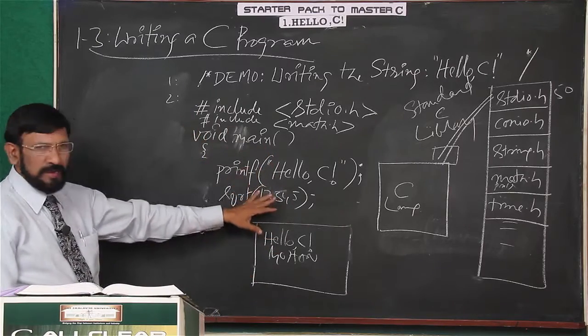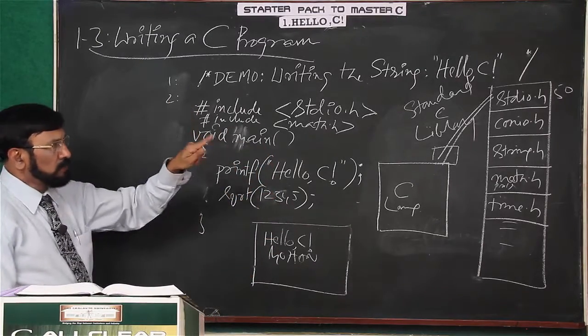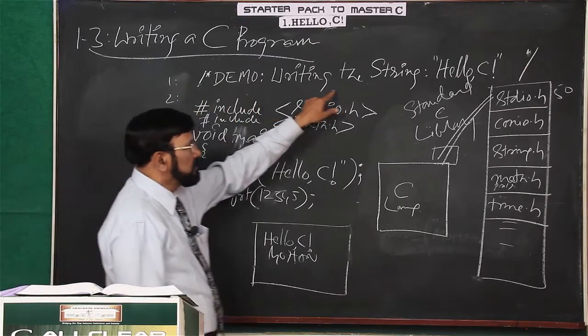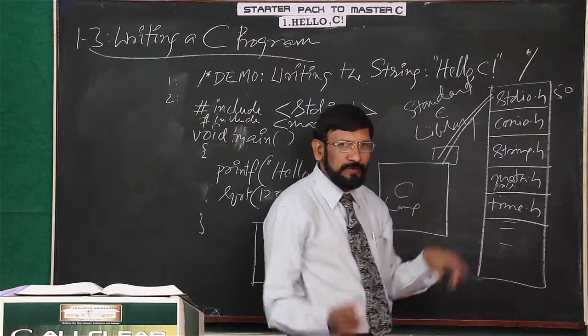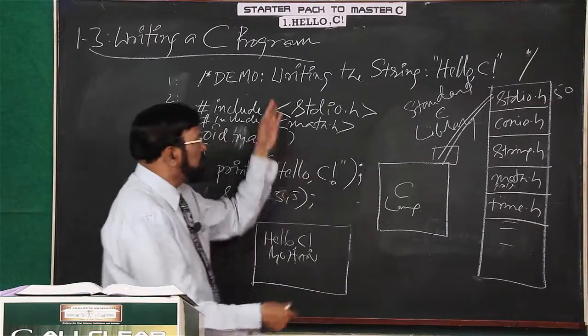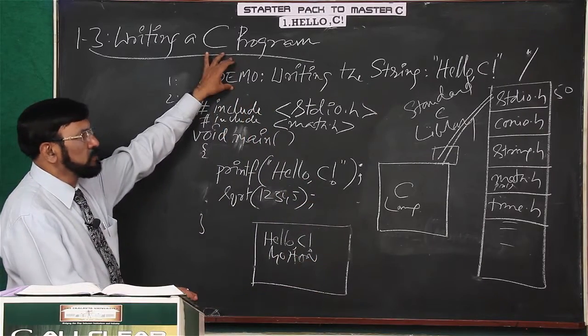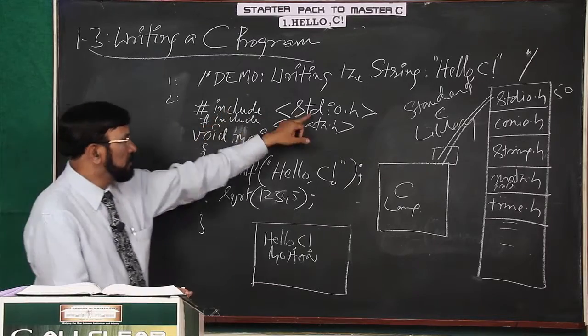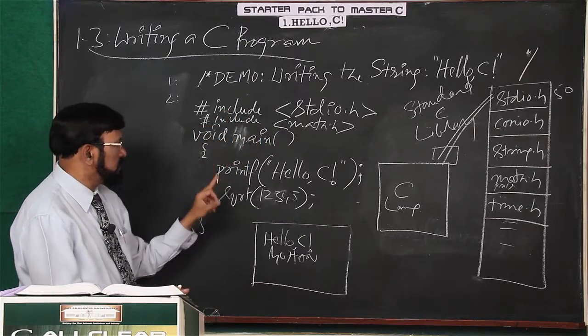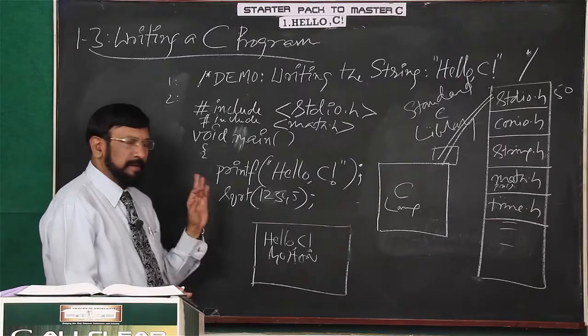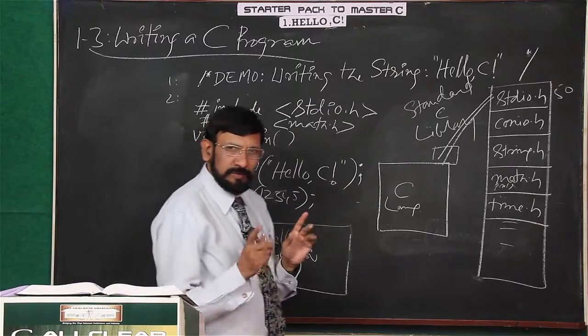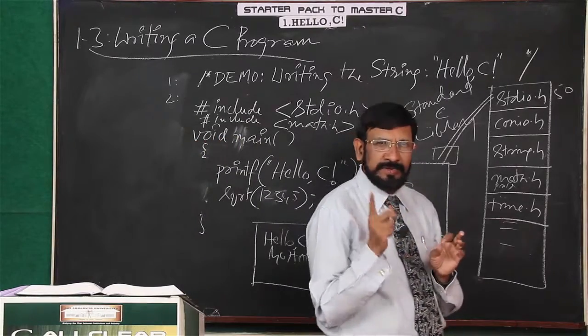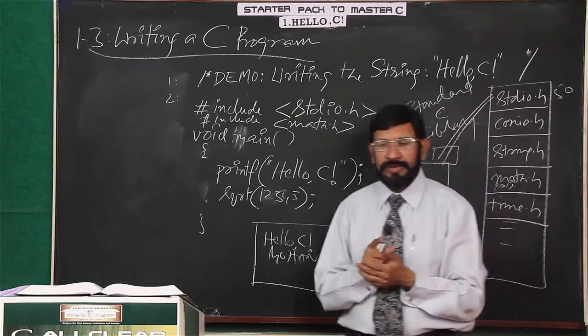Most elements are in lowercase. What is user defined, you write as you like, for the sake of the reader. You can use uppercase and so on there. But language oriented elements, you see 1, 2, 3, 4, 5, 6, 7, 8, all these elements are in lowercase. So most elements in C language are in lowercase.